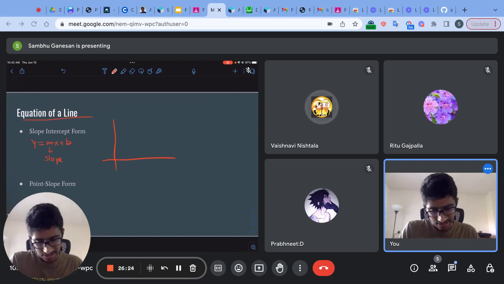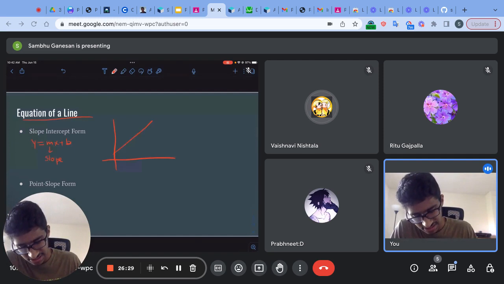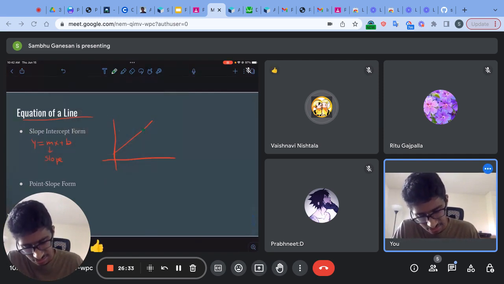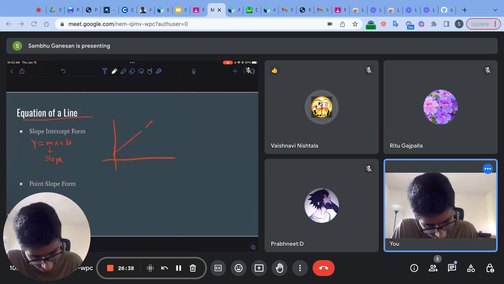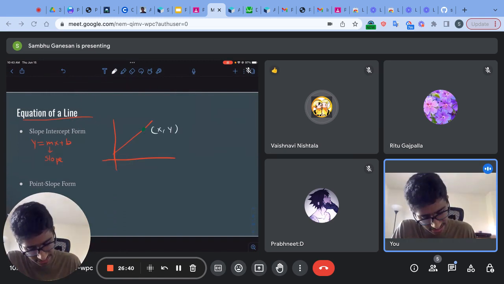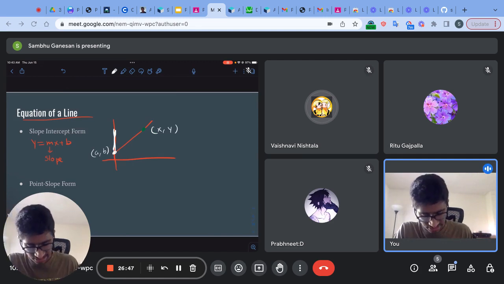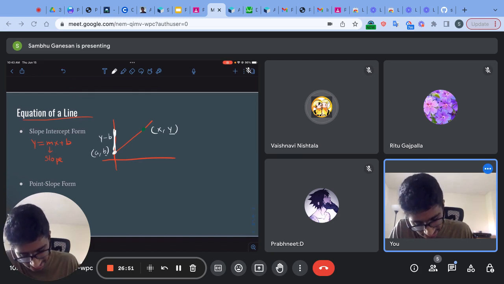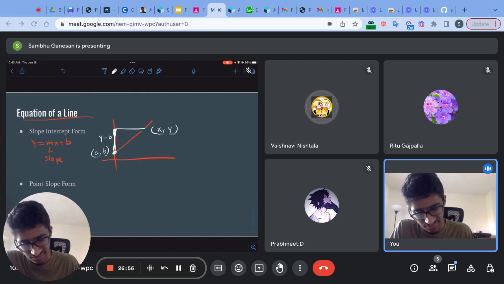So say for example this line. The slope of this line is how much it rises. Say you have 2 points. You have point x comma y right here, and you have some point right here, let's call it a comma b. It rises by some value, which is the difference in the y coordinates, so that's y minus b, and then it runs by some other value, which is x minus a, the difference in the x coordinates.